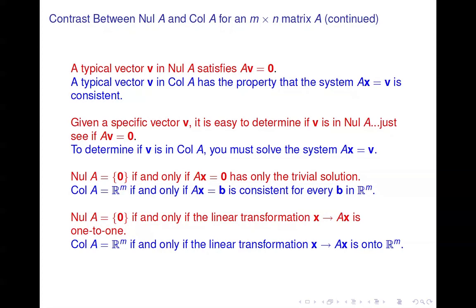Remember, that occurs when you have no free variables, or a pivot position in every column, and so we know that indicates the transformation is 1 to 1. And then the column space is equal to Rm if and only if AX equals b is consistent for every b. That means every b in the codomain gets mapped to, so the transformation must be onto Rm.